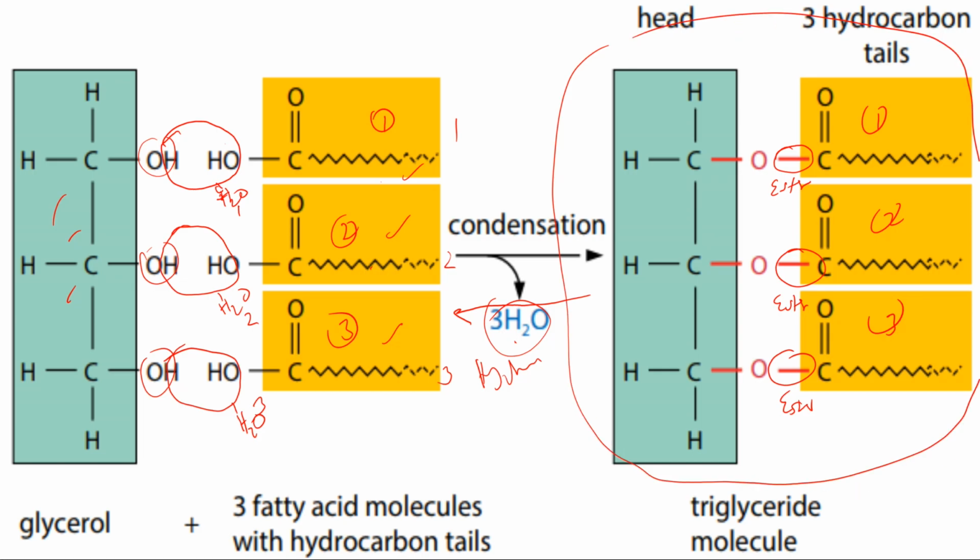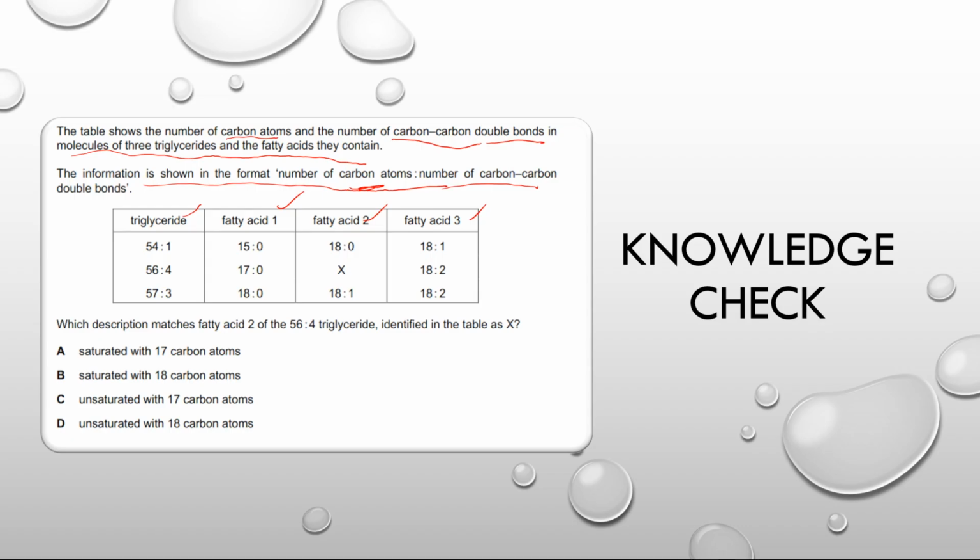So guys, let's go. If you check now, for triglyceride, it is the number of carbon atoms, like they said, that's the ratio, and the number of carbon double bonds. So the question says, which description matches fatty acid 2 in the table as X?